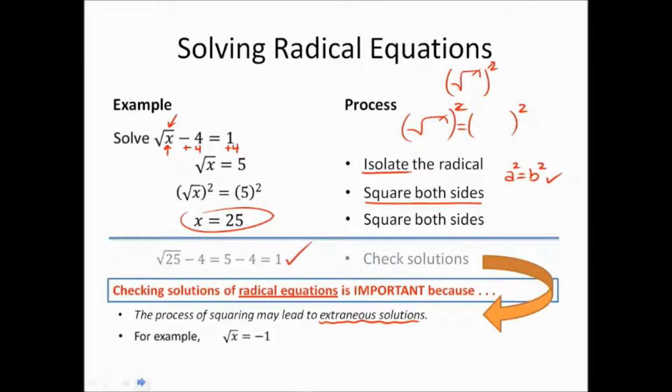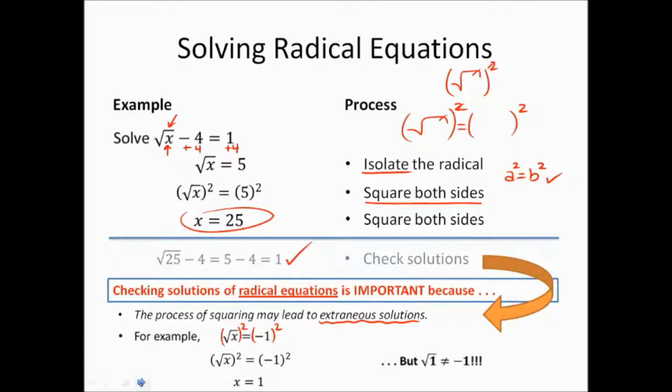For example, what happens if you square both sides of this equation? Root x equals negative 1. Well, if you really think about it, you can't actually ever have a negative answer from a root because it just doesn't work that way. But if we square both sides, then look what we get. We end up with x being 1.